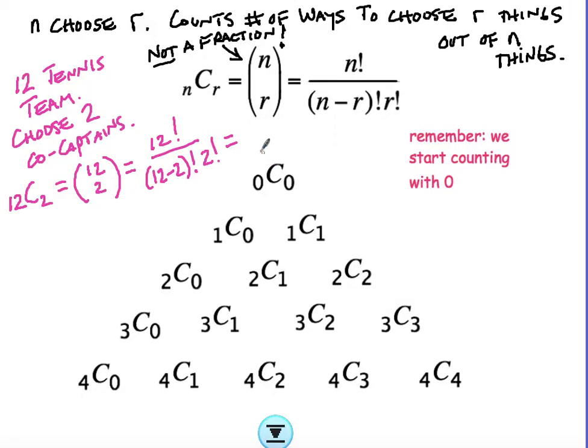Okay, now let's see if you remember how this works. 12 factorial on the top, that's 1 times 2 times 3 times 4 times 5 times 6 times 7 times 8 times 9 times 10 times 11 times 12. So I'm just going to write it like that. Then I would have 12 minus 2 factorial, which is 10 factorial. So that's 1 times 2 times 3 all the way up to 10. And then I have 2 factorial, which would be 1 times 2.